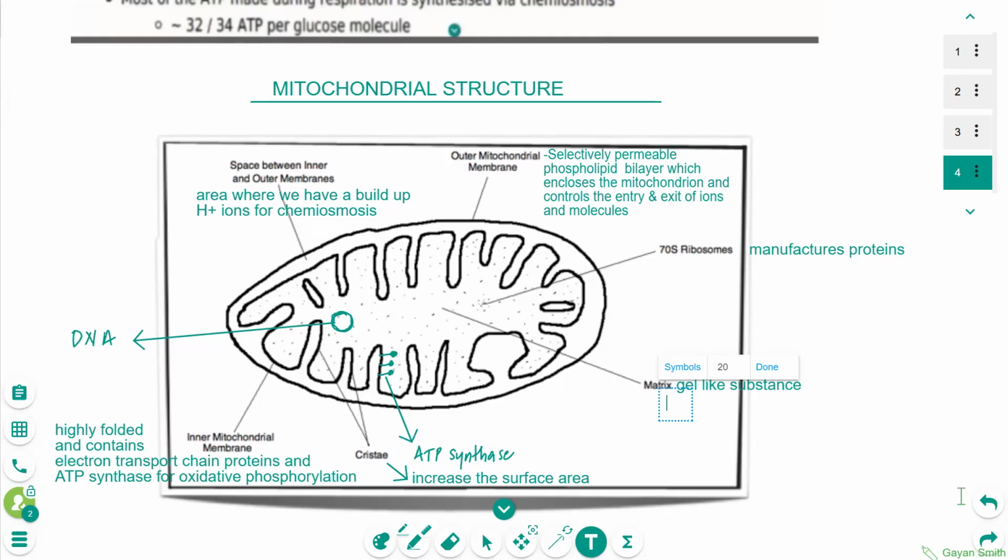Mitochondria is plural. So technically, if we're looking at one, it's a mitochondrion. Oh, sure, that's what you mean. Outer mitochondrial membrane or inner mitochondrial membrane. We can say outer membrane, yes.